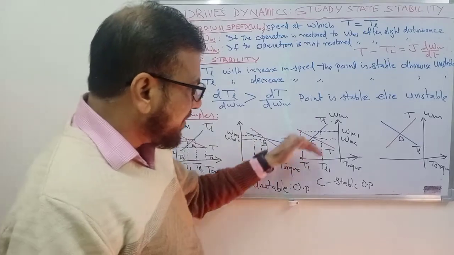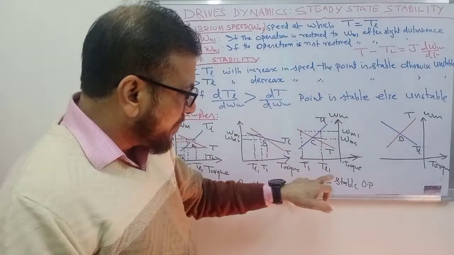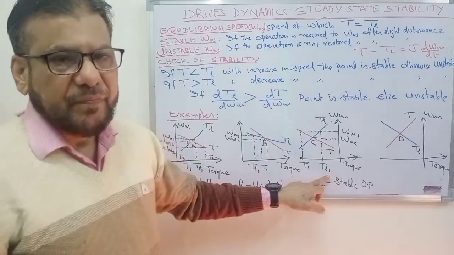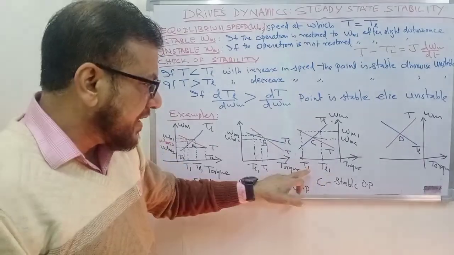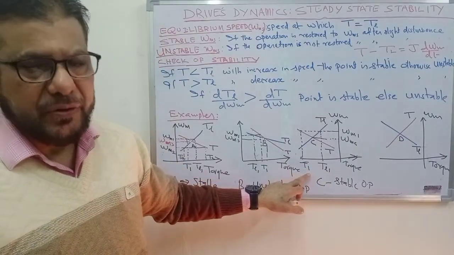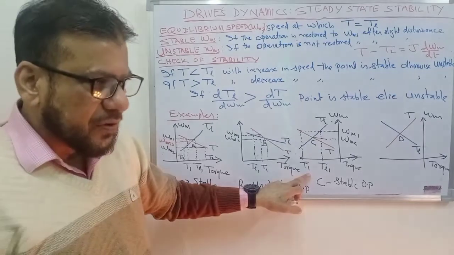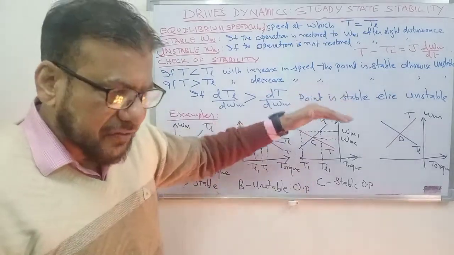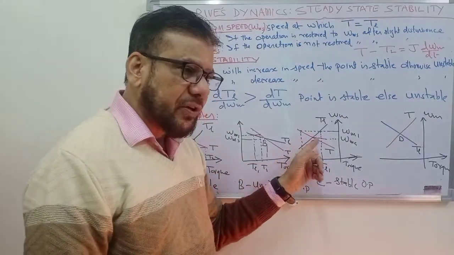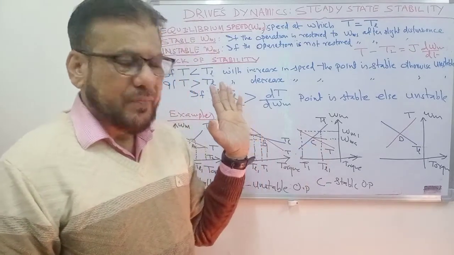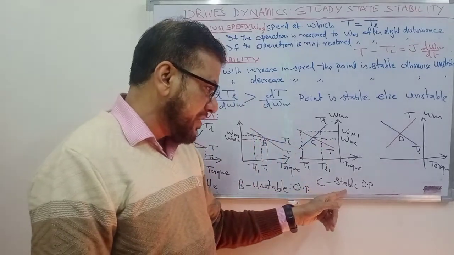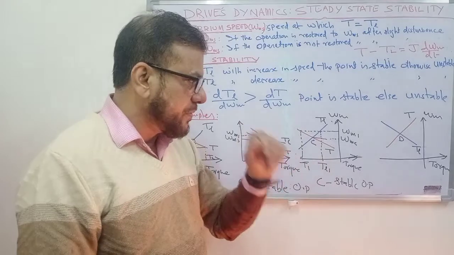So with the increase in speed, the magnitude of driving torque has become less than the magnitude of braking torque. So the speed of the motor will decrease and the operating point C will be restored again. So point C is a stable operating point.